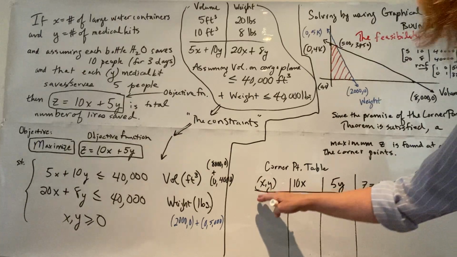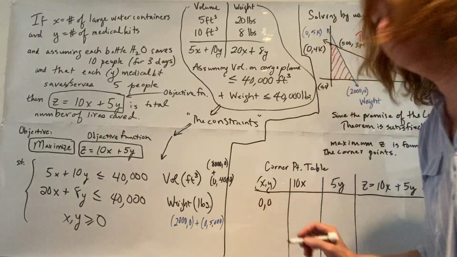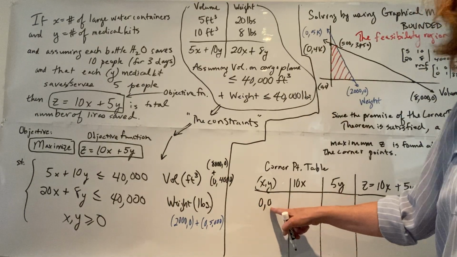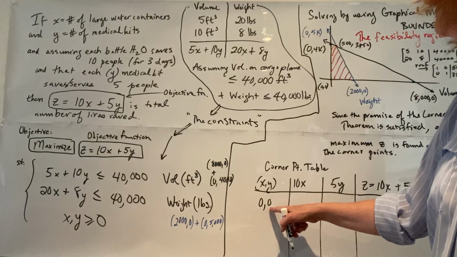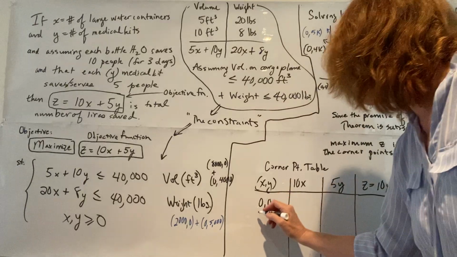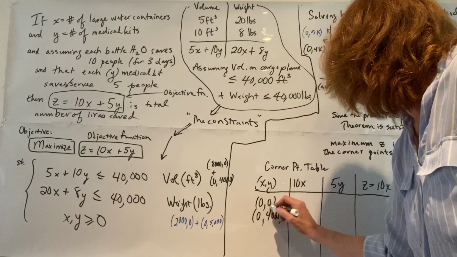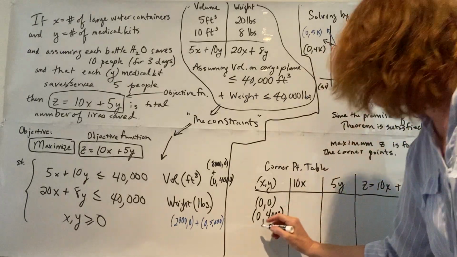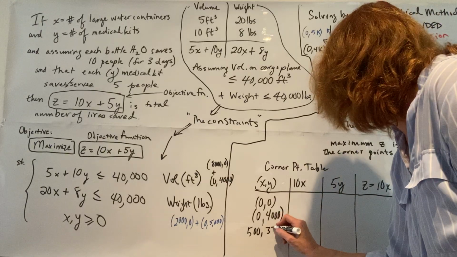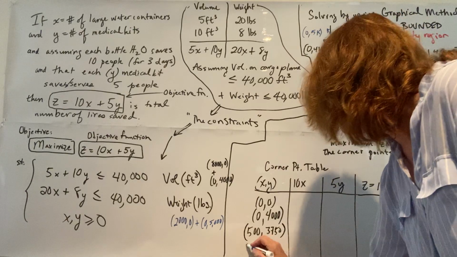Okay. So now you just list the corner points, which are 0, 0. Probably not going to be much help. That means we're packing 0 waters and 0 medical kits. What's this corner point? 0, 4,000. This one here, 500, 3750, the one we just found using our REF, and 2,000, 0.